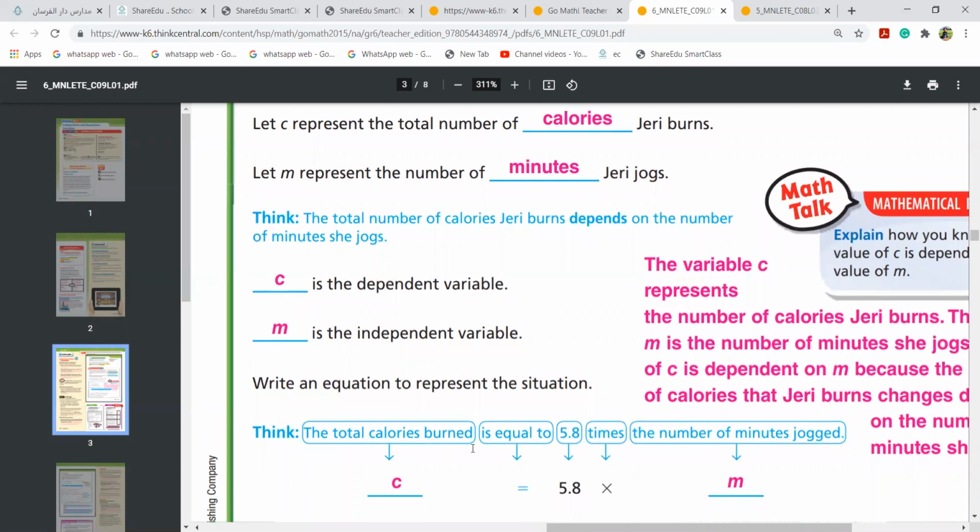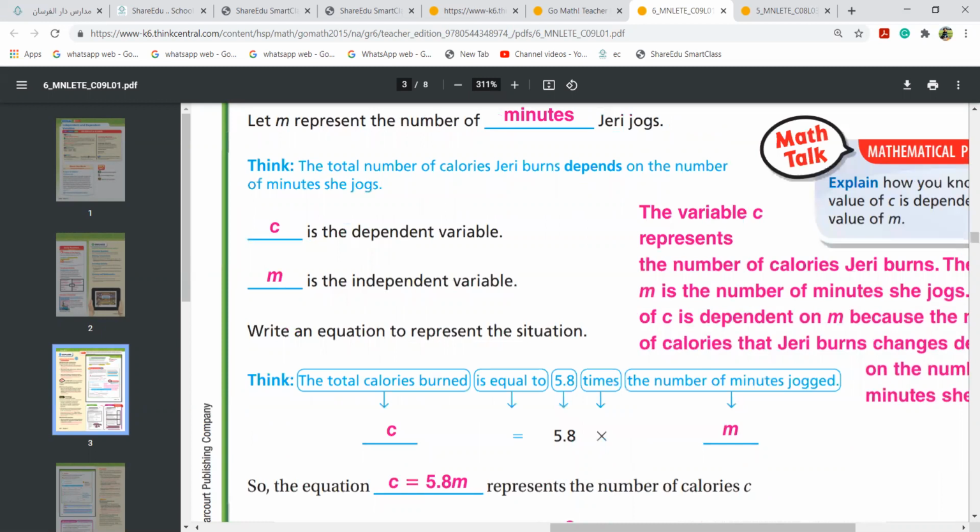The total calories is equal, I'll put an equal sign, 5.8 times, means times, the number of minutes jogged, M. So Miss, when it's C, it's going to be dependent, and when it's M, it's going to be independent. Yes. Okay, I'm done, Miss.